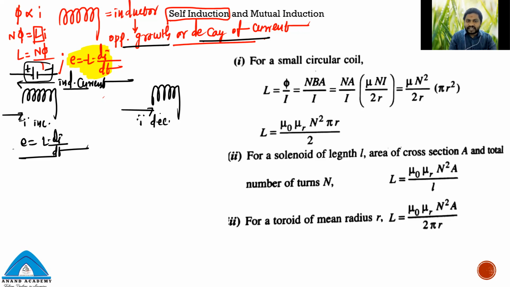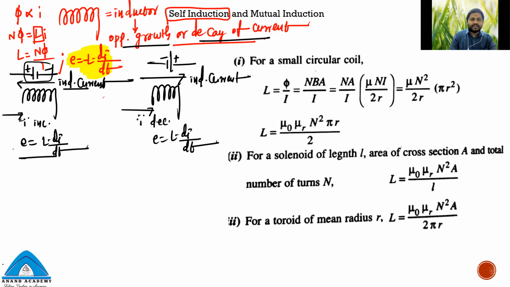It opposes the decay means it should send the induced current in this direction. When it is sending the induced current in this direction, you know how to write the induced EMF: L into di by dt. So remember, this is the induced EMF due to the phenomenon of self-induction.